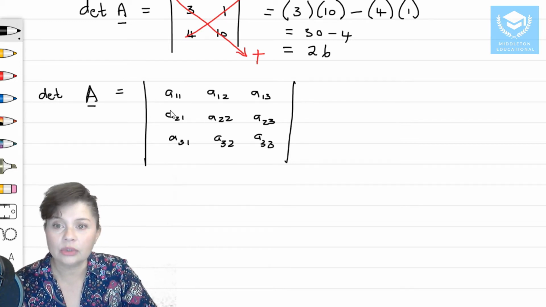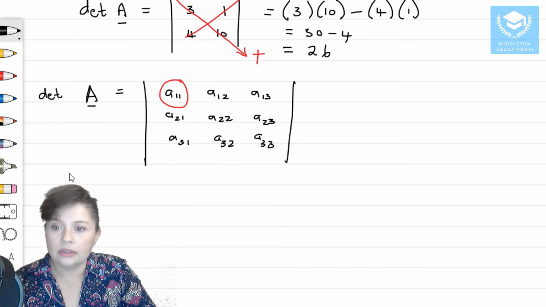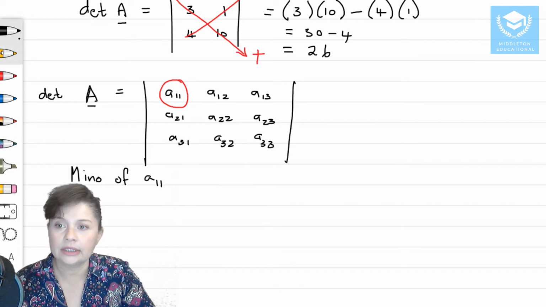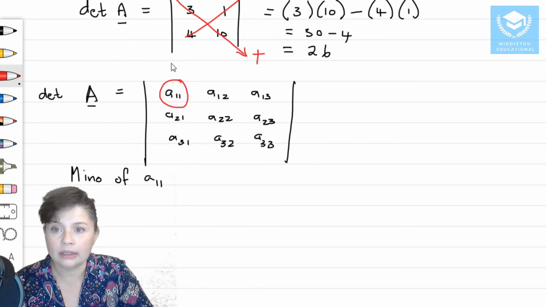So I'm going to start with A11. Let me circle it, A11, right? So the minor of A11, right? This is how we figure out what the minor is. We take A11 and we put a line through everything down the column and everything down the row.